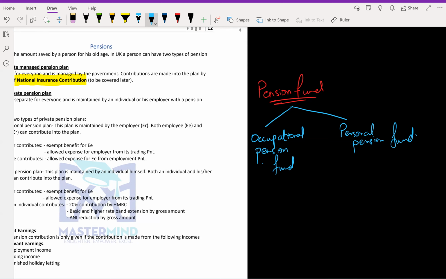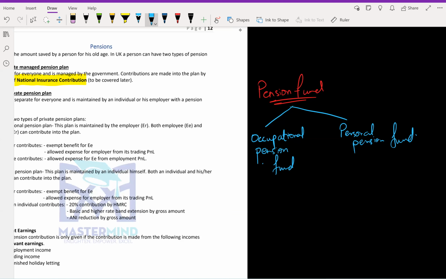Personal pension fund, on the other hand, regardless of whoever you are, an employed individual or a self-employed individual or anyone else managing your properties or managing shares or whatever it is, you can go to the pension fund, ask them to open up an account in your name, and they'll do that. Remember, these pension funds are private registered pension funds.